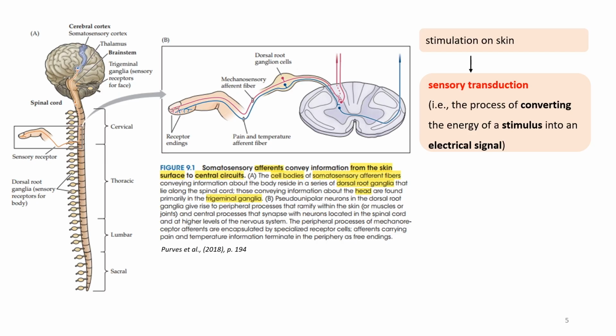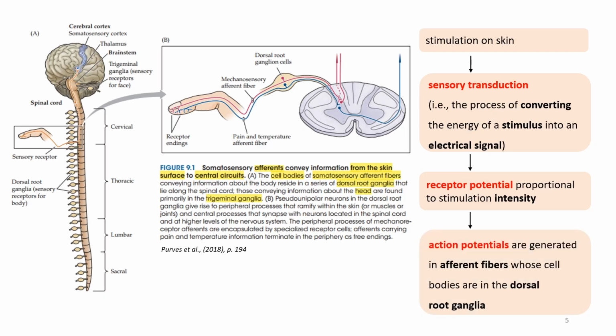Well, this triggers sensory transduction, which is the process of converting the energy of a stimulus into an electrical signal. In turn, this triggers receptor potential, which is proportional to the intensity of the stimulus. Subsequently, this receptor potential triggers action potentials, which are generated in afferent fibers whose cell bodies are in the dorsal root ganglia of our spinal cord.